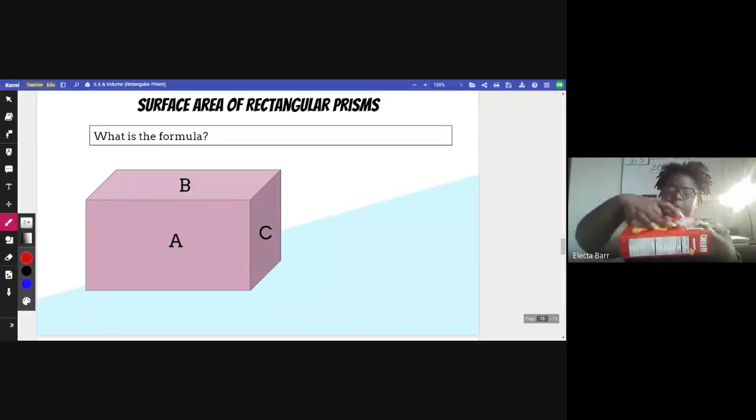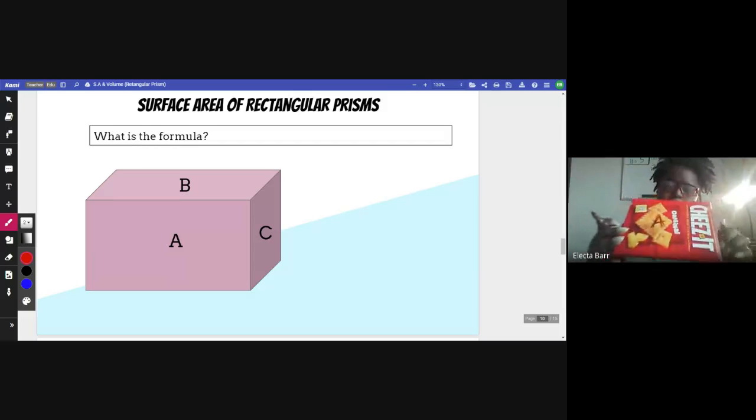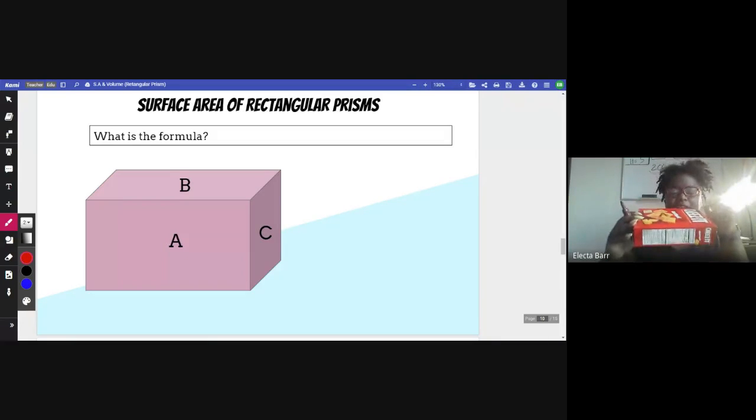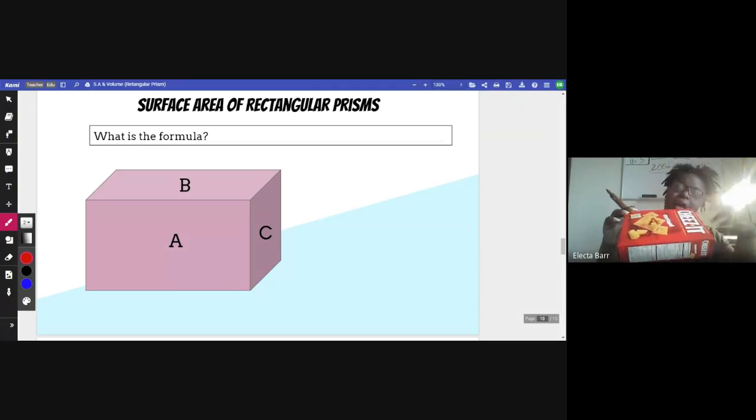If I want to label the top part A, I'm going to label my top part A. How many side A's are there on this rectangular prism?